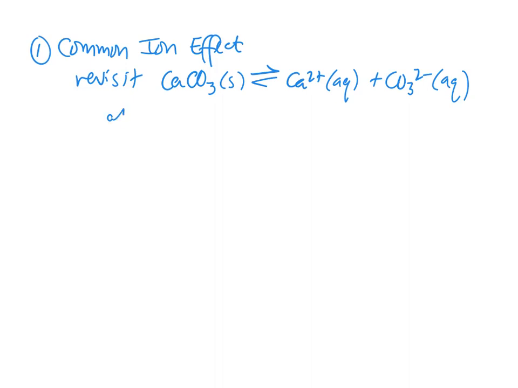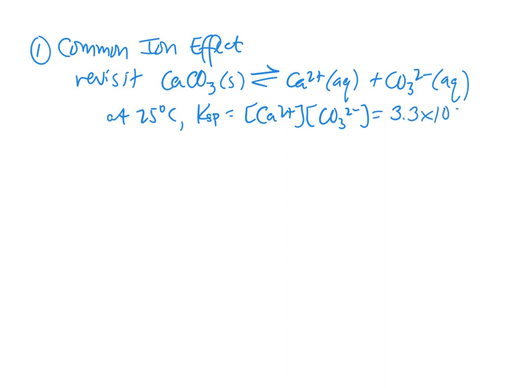And at 25 Celsius, KSP, which equals those two molarities multiplied by one another, also happened to equal 3.3 times 10 to the negative ninth. And remember that in a solution of just calcium carbonate in water, the two ions have to be equal in molarity.